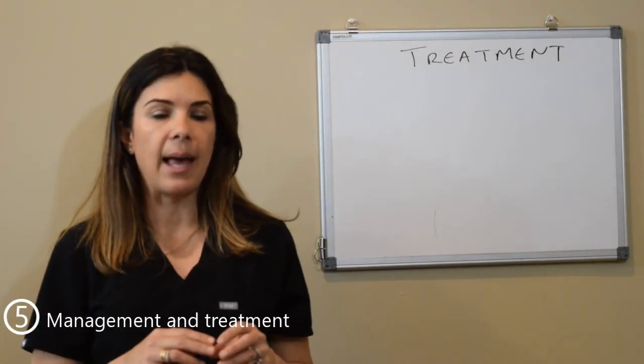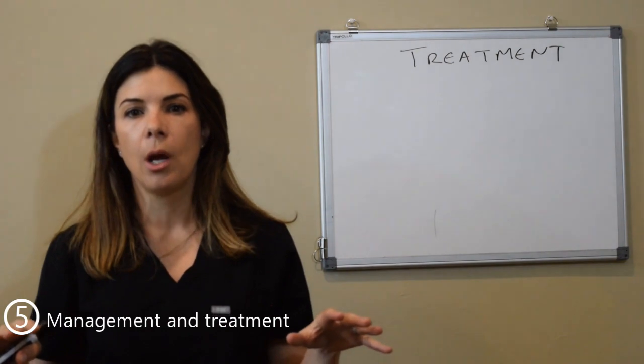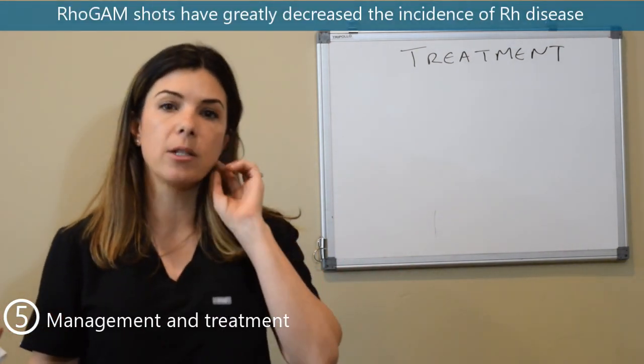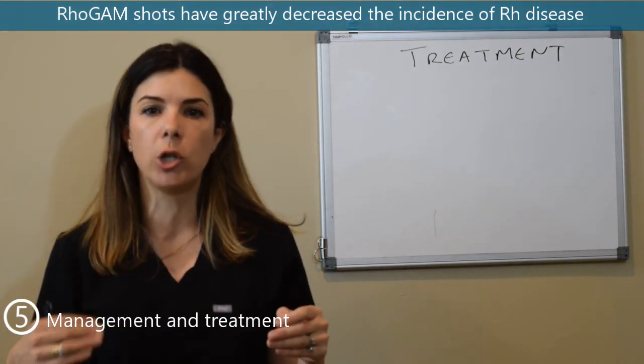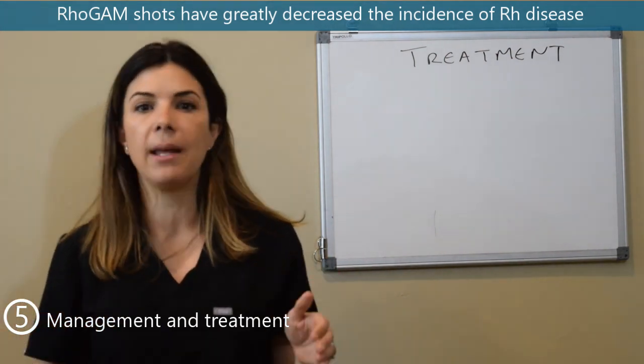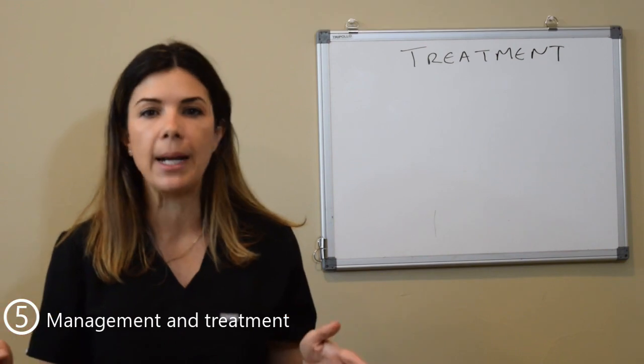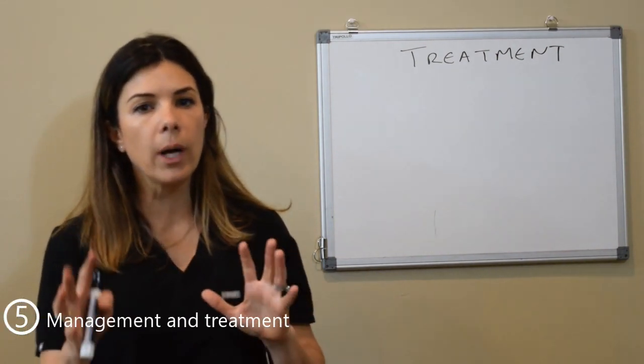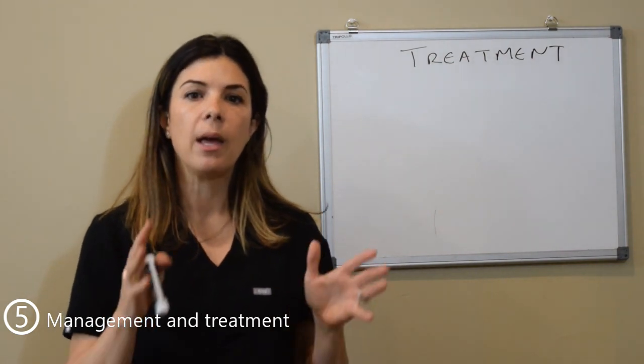RhoGAM has completely changed all of neonatology in hyperbilirubinemia, and it's greatly reduced the risk of the really severe hyperbilirubinemia, greatly decreasing the number of double volume exchange transfusions that are needed. So really, for Rh negative mummies, that management starts before the baby is born.